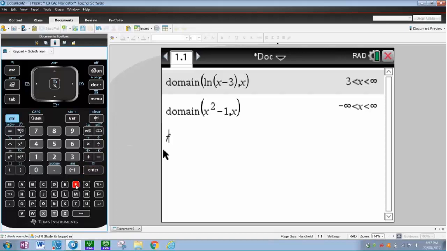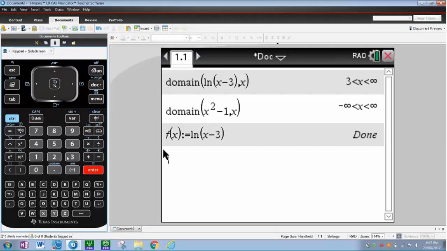So you can press f, open bracket, x, close bracket, and use the assign command, which is control and the template key. And we can type in ln of x minus 3. That defines f of x in the calculator's memory.